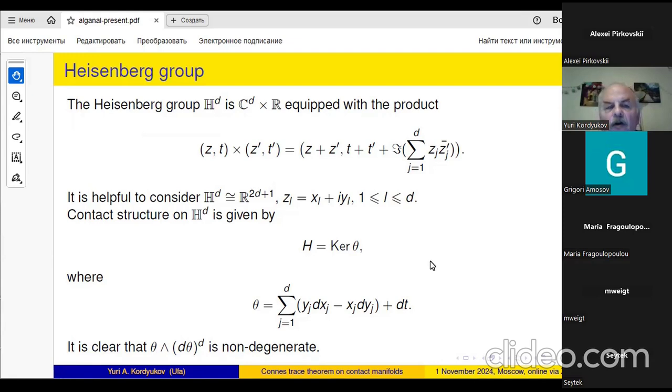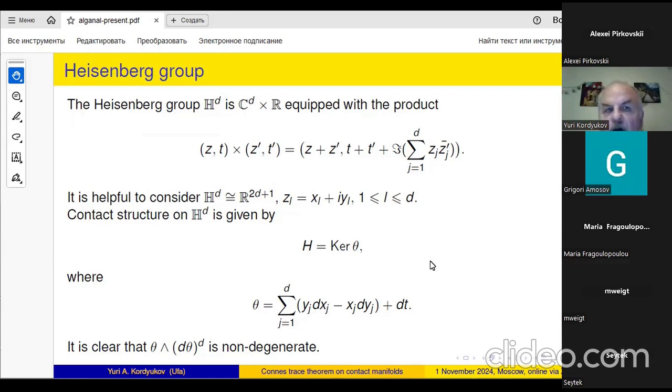And what's important about the Heisenberg group is that this is really a model example for a contact manifold. We know that for a symplectic manifold, the local model is given by just the standard phase space of classical mechanics, with coordinates and momenta, so p and q.